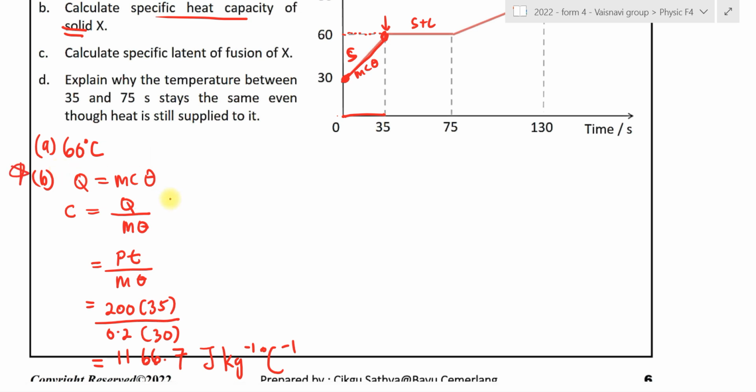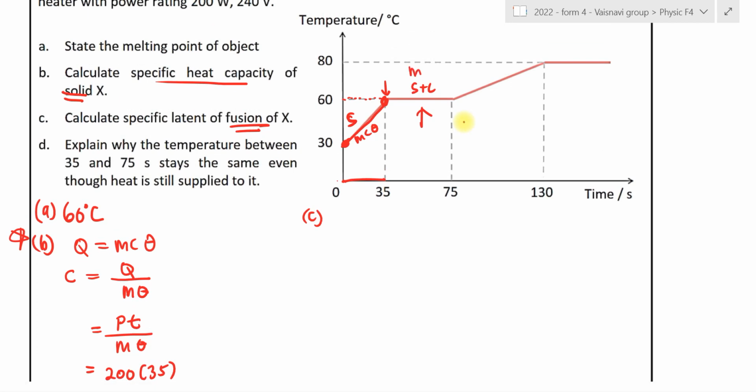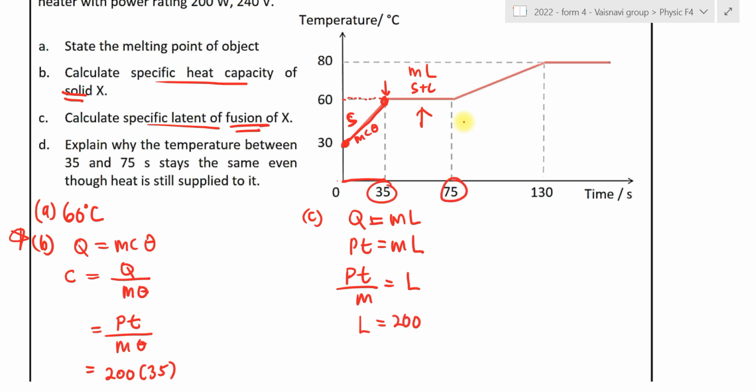This one, careful, this type of question. Okay, C. Latent of fusion. Kalau dia cakap fusion, melting lah dekat sini. Ml. Okay. So, dia tanya specific latent heat. Maksudnya Q equal to ml. Power times time equal to ml. Dia tanya specific latent heat of fusion tu L lah. Pt over m equal to L. Jadi L dia adalah power 200. Time dia 35 until 75.